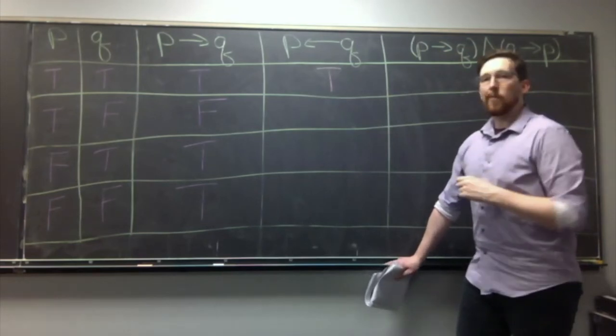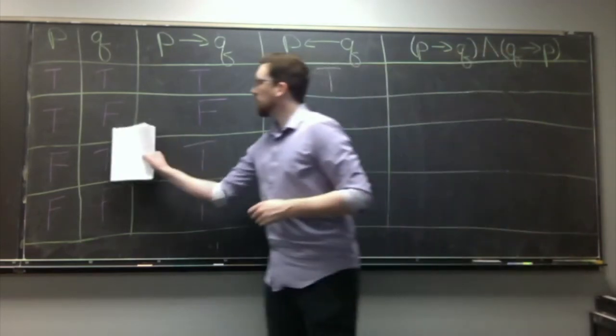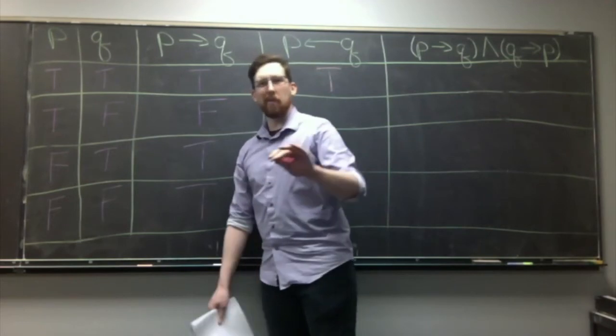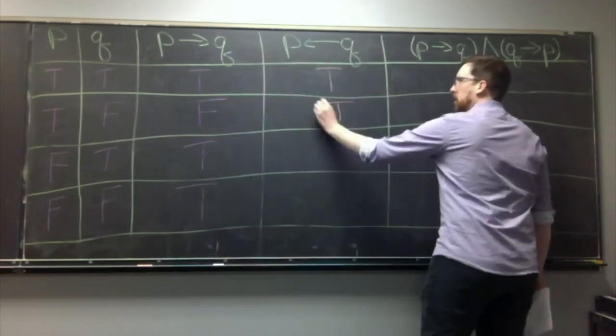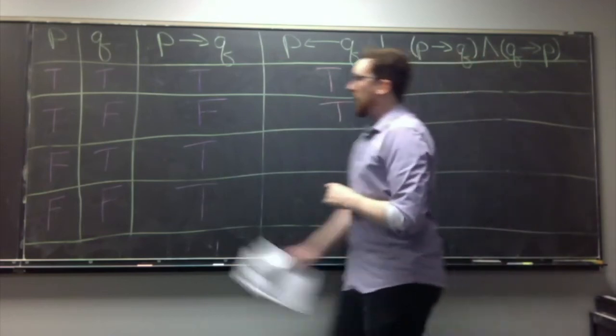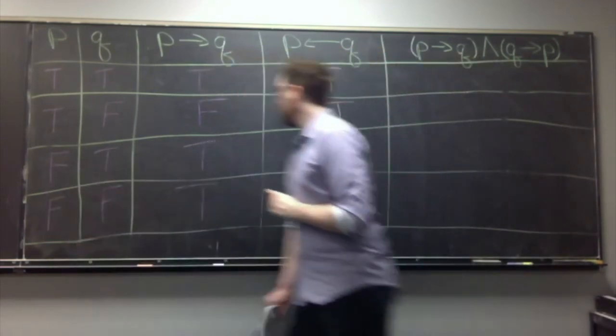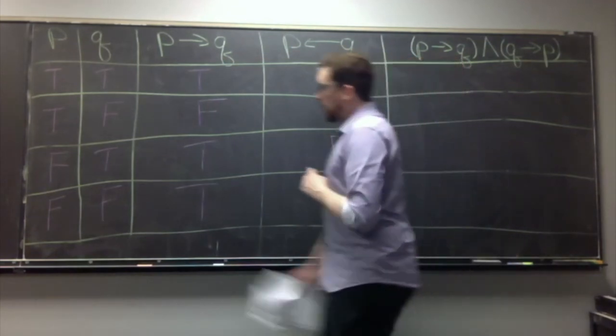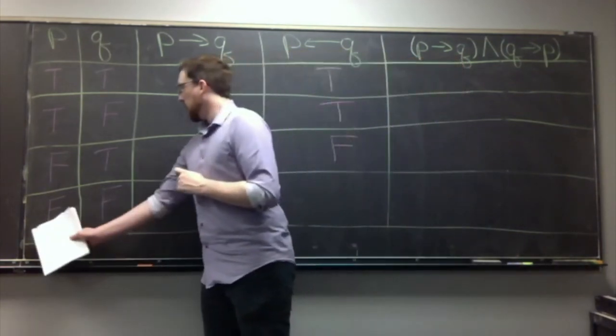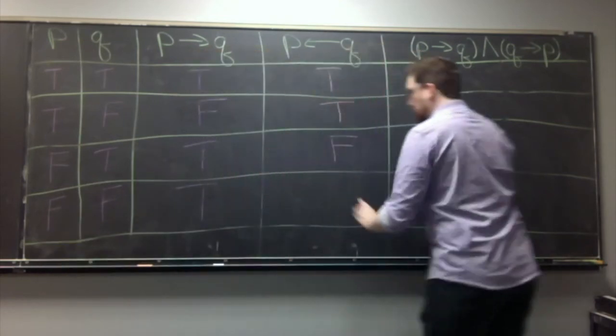Now we've got false implies true. That was that wonky example, and we know that's true. Now we have true implies false, which we know to be false. And finally we have false implies false, which is true.